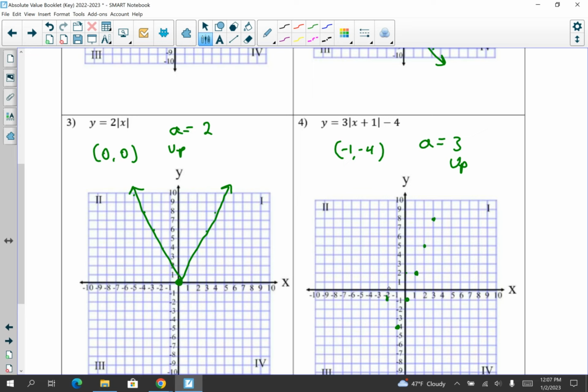And then up 3 to the left 1. And we'll make our graph. And that's it. Much easier without a table of values.